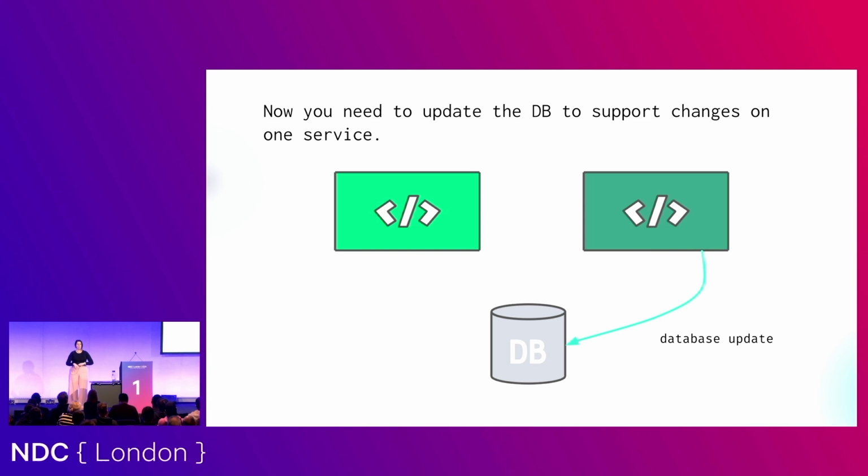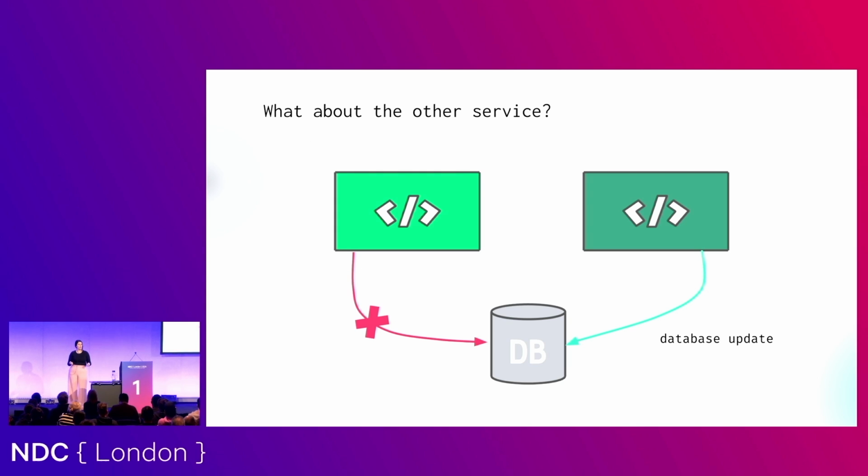Now, one service needs to update that database. They're going to do a migration, whatever needs to be done to it to make it work. What about this one? Now, we have to go and do that migration to the other service. That doesn't seem like it's in the spirit of distributed systems.